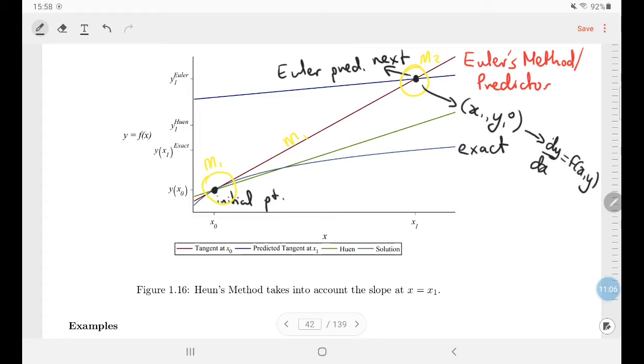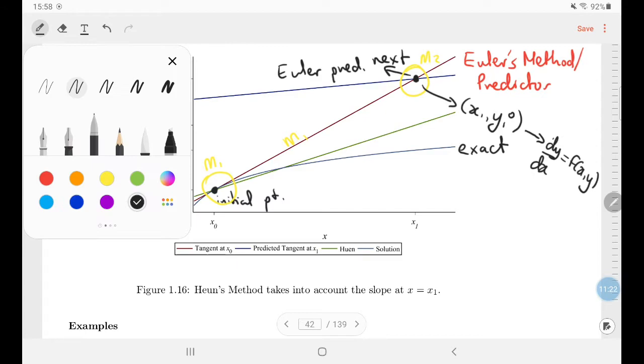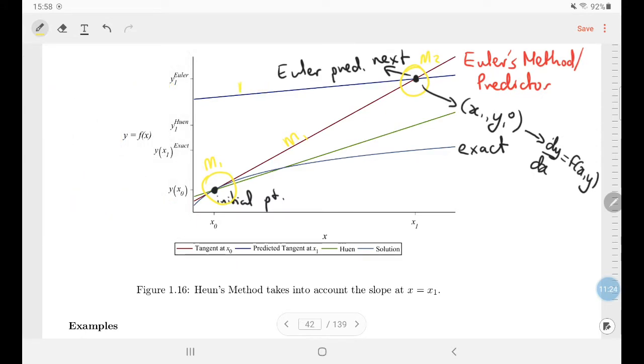And you'll get, if this Euler predicted next point was a point on the curve, which it's not, but if it was, what does the differential equation say the slope would be there? It would say what would be the tangent, and that's this blue line up the top. So the slope of this line is m2.